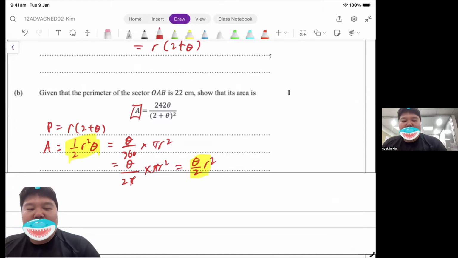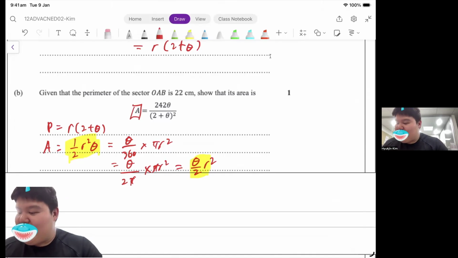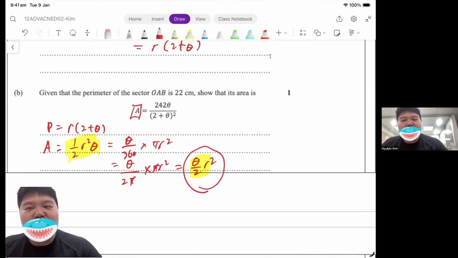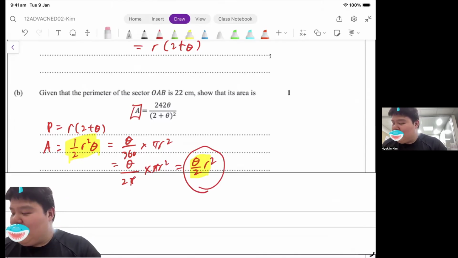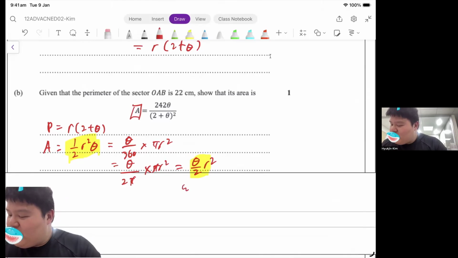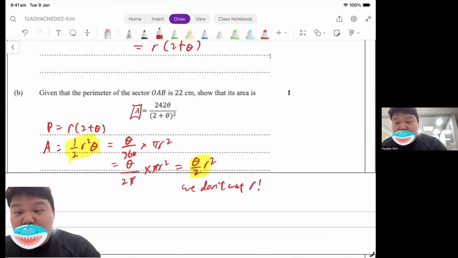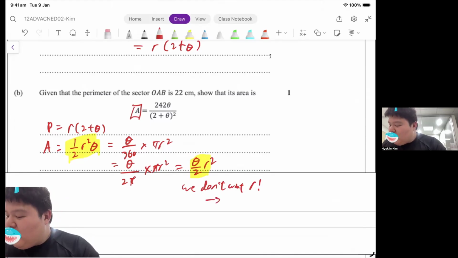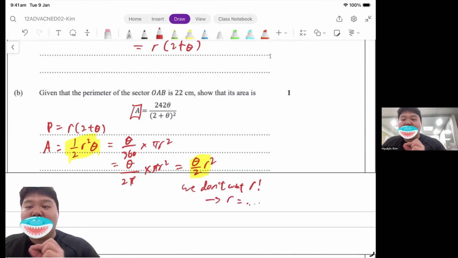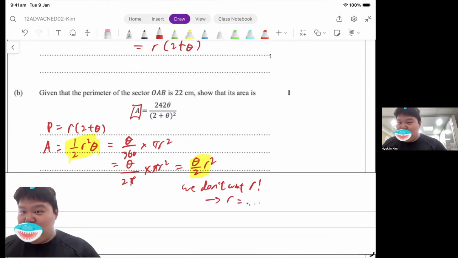But now, I notice in this expression that I want to keep my theta, but I don't want to keep my r. That means r equals blah, blah, blah. R is the subject. Are you okay with that?